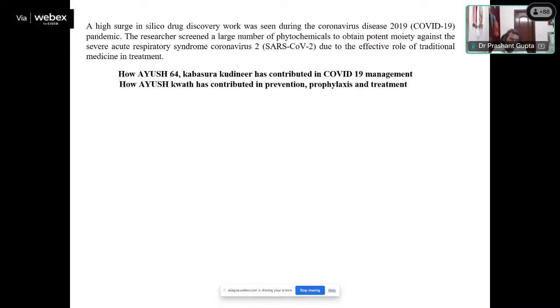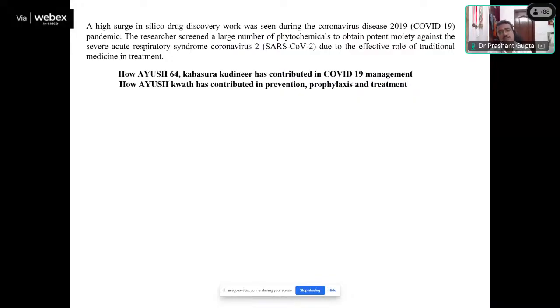treating SARS-CoV-2, and the Indian Ministry of Ayush was also working very, very hard to crack down on COVID-19. During that time, we repurposed our Ayush 64 and Kabasura Kudineer for COVID-19 management.